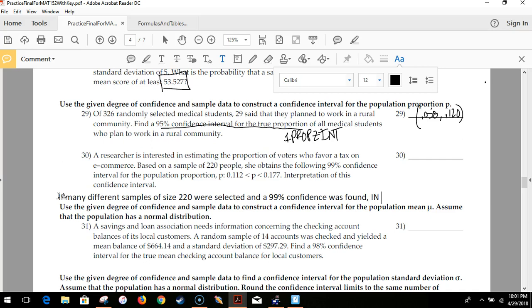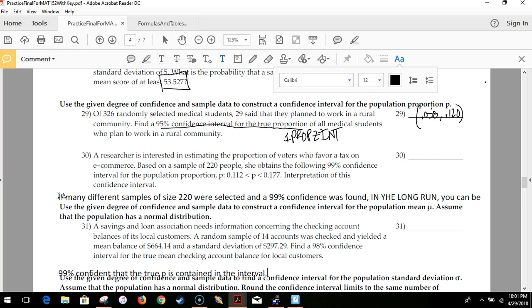In the long run, that's important, you can be, run out of space, I'm going to come down here, 99% confident that the true population proportion is contained in the interval. That's what you're looking for.